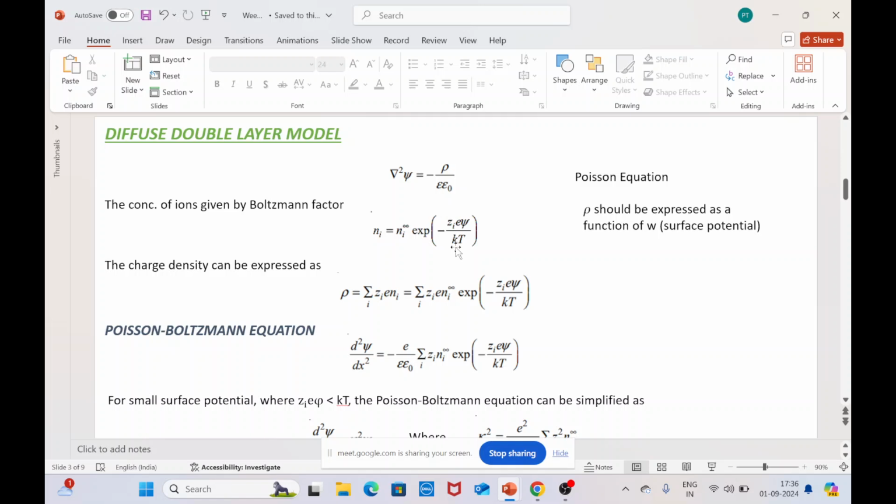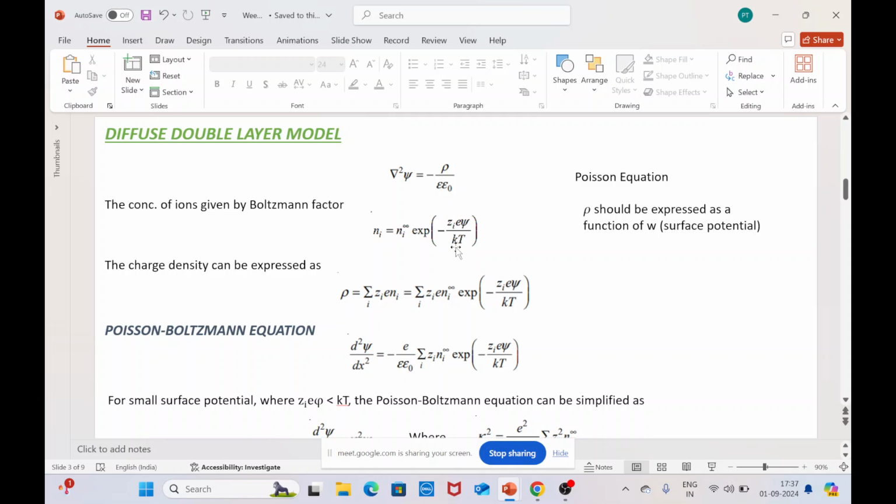That is what Zi represents, specifically the valency of the ion that you are using for your electrolyte. In case it is magnesium sulfate, MgSO4, it will be Mg +2 and SO4 -2, so +2 and -2. Similarly, in case of aluminium chloride, it will be +3 and -3.